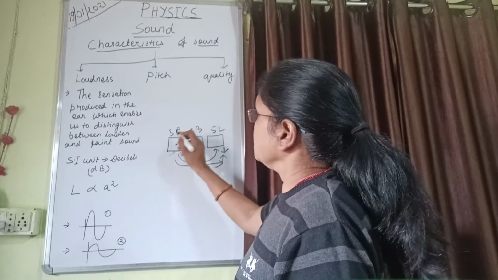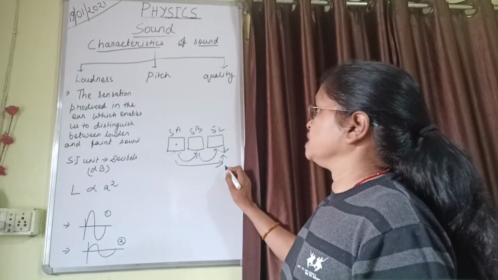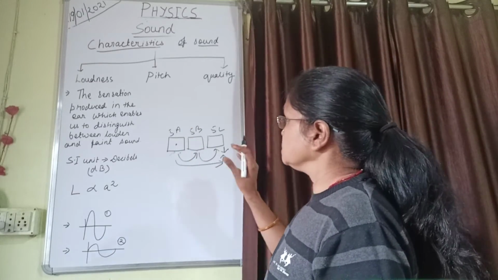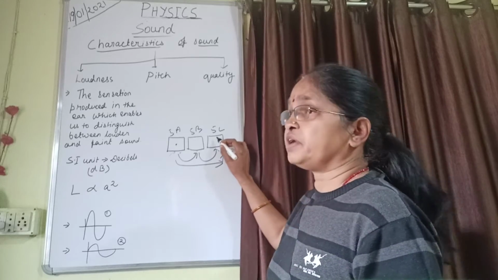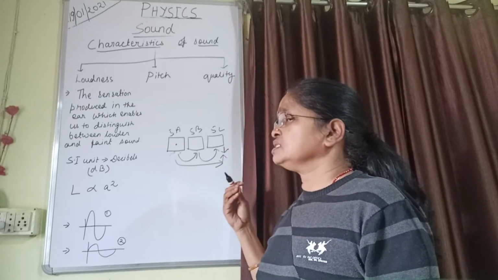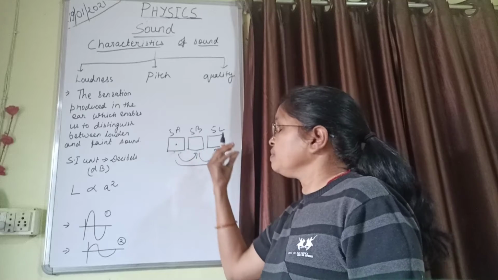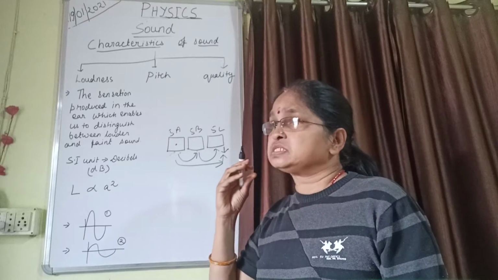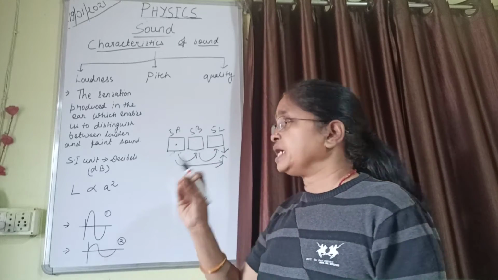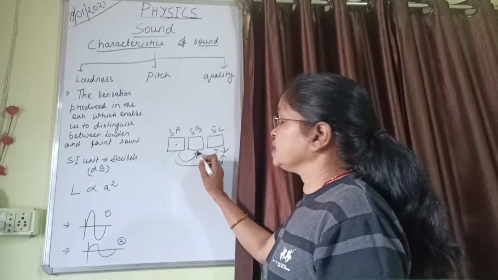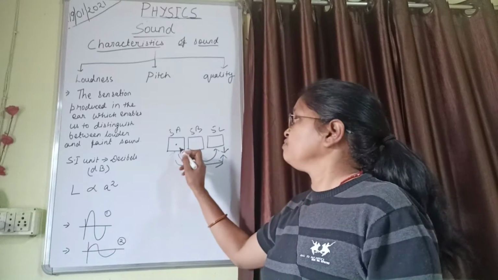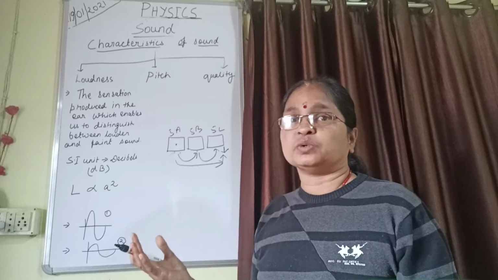So by this experiment, we understand that the sound perceived by the people of 5C is less compared to the sound perceived by the people of 5B and 5A, where it is more.